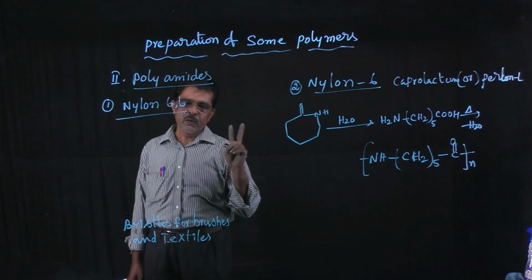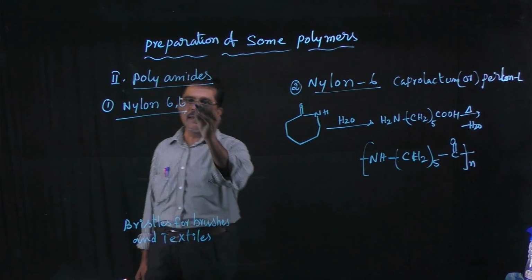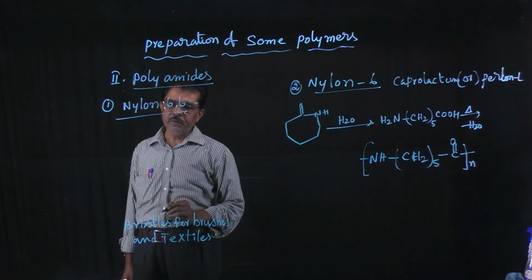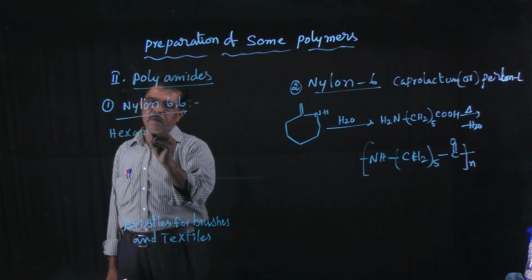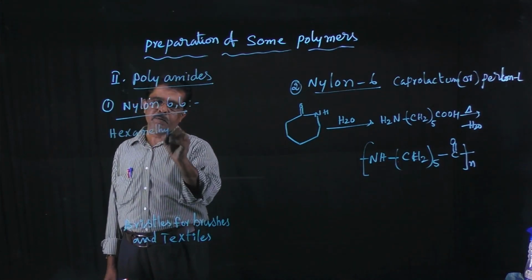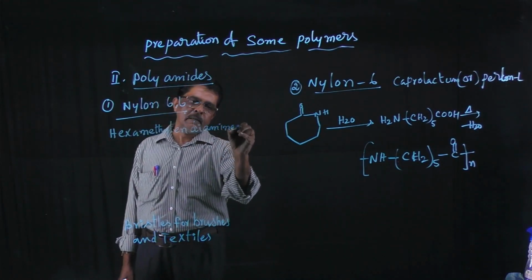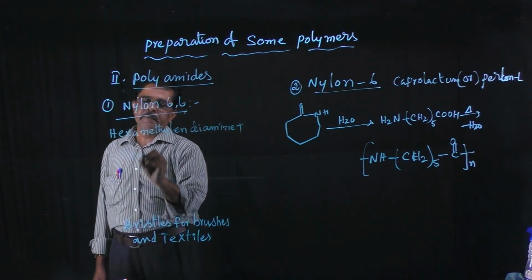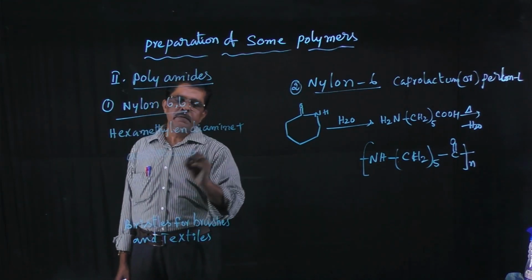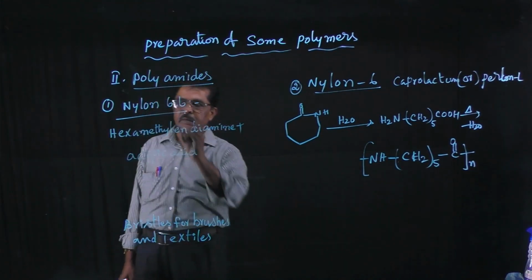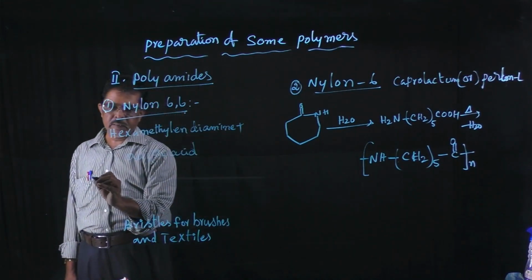In this one there are two compounds, nylon 6,6 and nylon 6. Nylon 6,6 is the polymer of hexamethylene diamine plus adipic acid. So this nylon 6,6, I want to write the equation here.